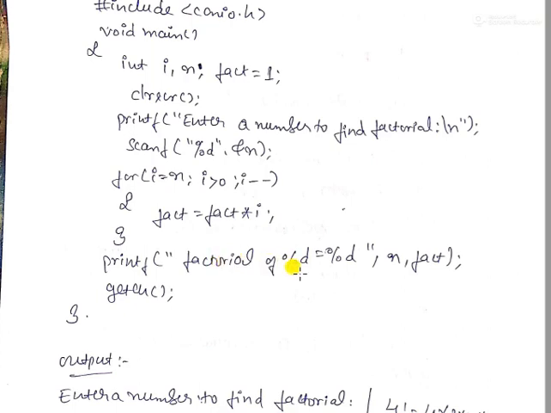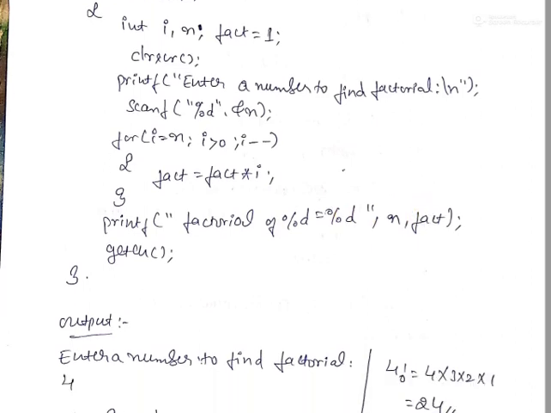If you give 5, then the 5 factorial value is equal to 120. For 4 factorial, 4 into 3 is 12, 12 into 2 is 24, 24 into 1 is 24. It will print factorial of 4 is equal to 24. The first 4 comes from n, and the 24 value we get from fact.